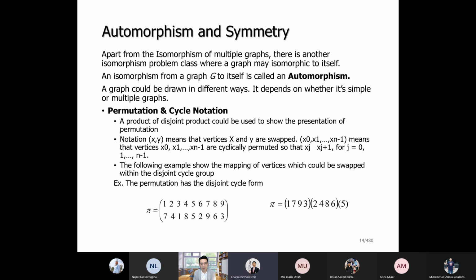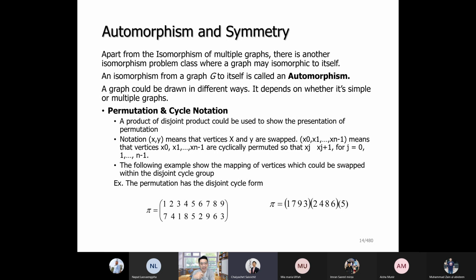So a graph could be drawn in different ways. It depends on whether it's a simple or multiple graph that you want to draw. Basically we just do the permutation and cycle notation of the labels, and you just move them around. When you rearrange the labels, you can see that you can draw it in different ways, and it will look different. The product of these disjoint cycles could be used to show the presentation of this permutation.